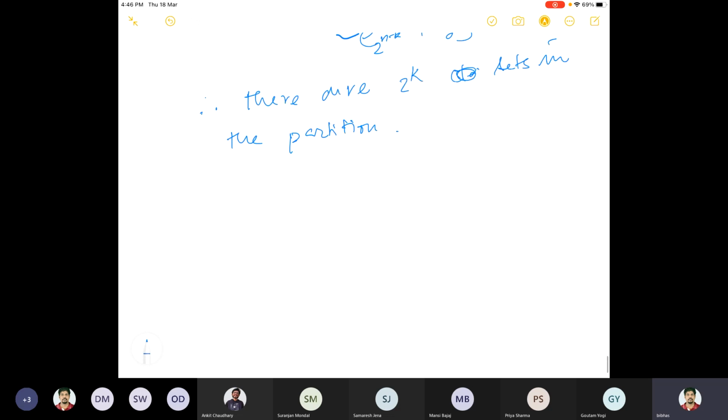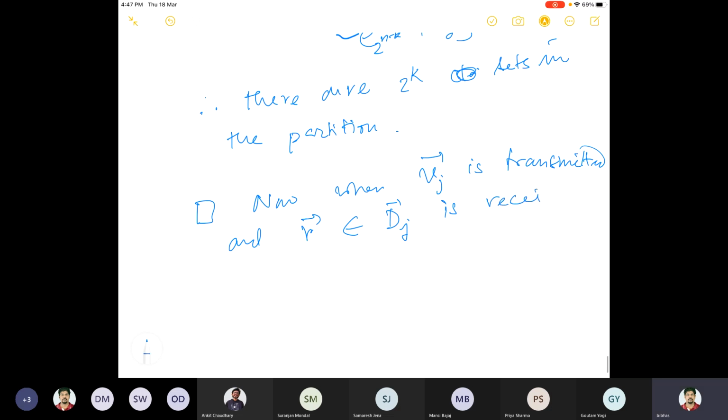Now, when VJ is transmitted and R is received, you may forget about this, but the motivation behind this decoding process is that whenever I receive R, which belongs to DJ, I'll assume that VJ was transmitted.